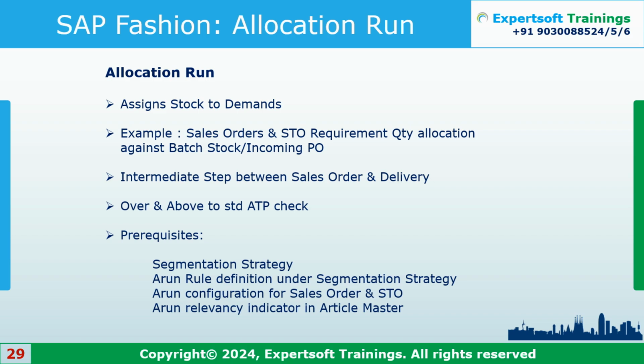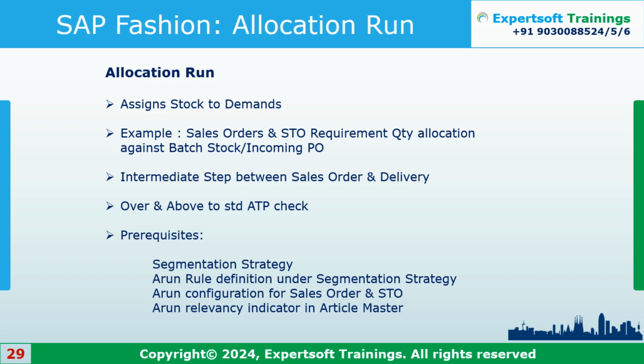So in the normal SD cycle, you create a sales order, and if you are having stock, then you can immediately deliver it. However, if you have enabled allocation run in fashion, then you have to do an intermediate step of allocation run first and then do the remaining steps. So this is very important in fashion.